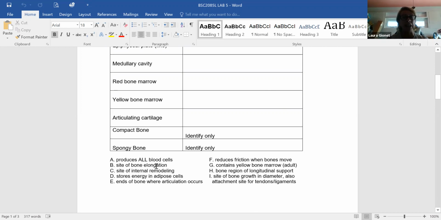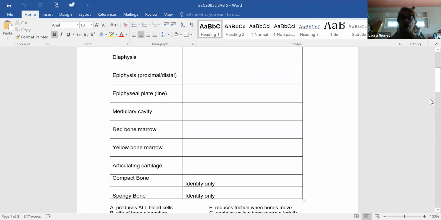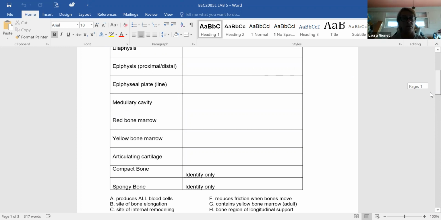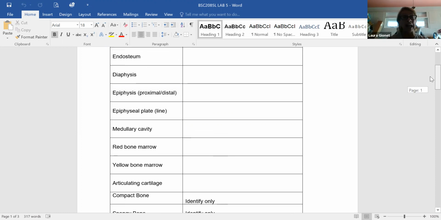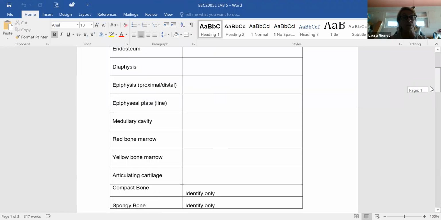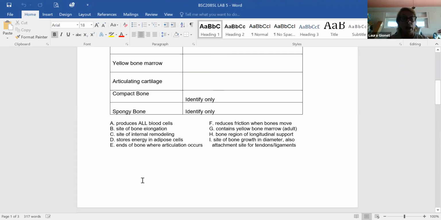Site of bone elongation, B, that would be our epiphyseal plate, epiphyseal line. Site of internal remodeling, C, that would go with your endosteum up here at the top. Then we have D, stores energy in adipose cells. That would be yellow bone marrow.